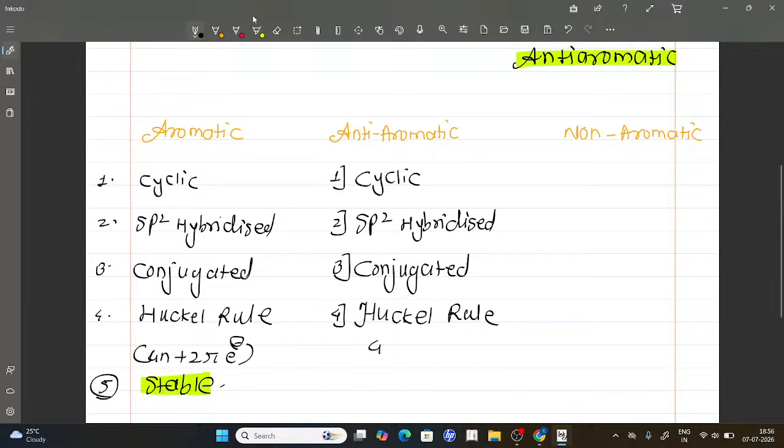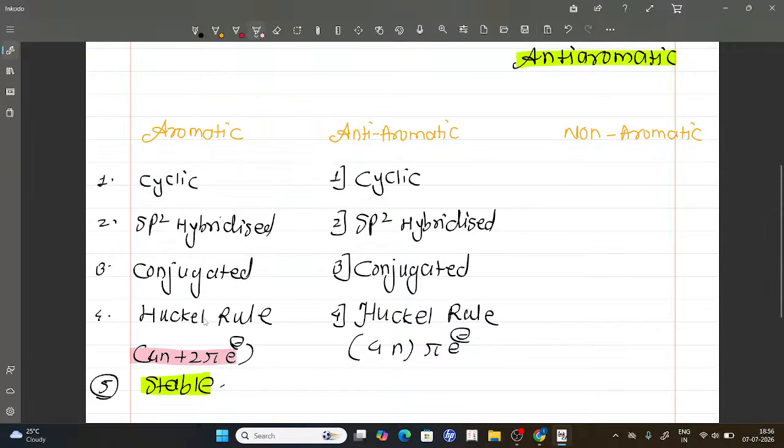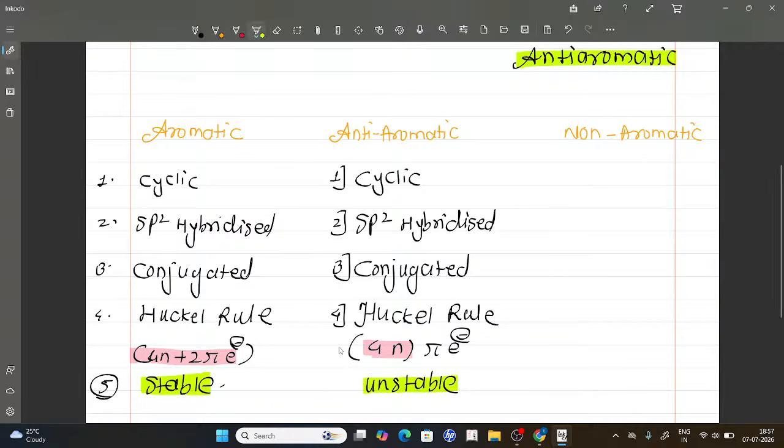That is the 4n pi electron rule. Here it obeys 4n plus 2 pi electron rule, and here it obeys the 4n rule. If this rule is obeyed by the compound, then this compound is unstable and it is considered an anti-aromatic compound. Okay, I hope these 2 points are clear.